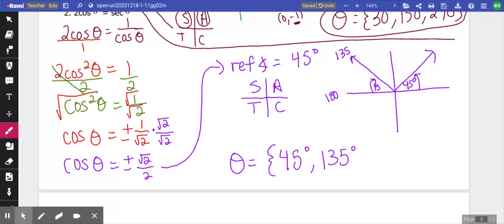In the third quadrant, 180 plus 45 degrees, you'll end up at 225. And in the fourth quadrant, if this is 360 minus 45, you'll be at 315.